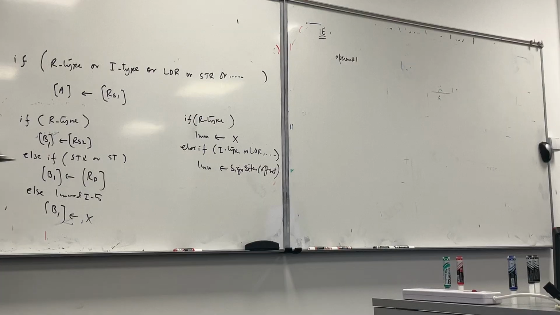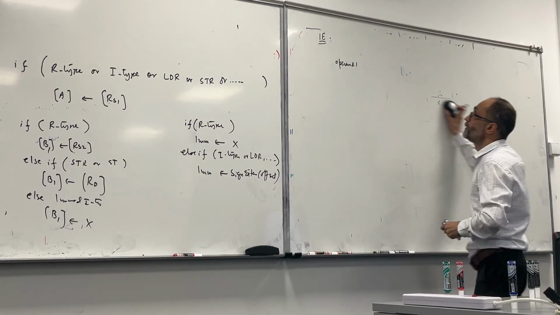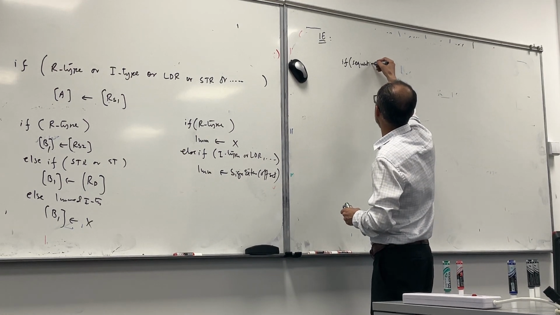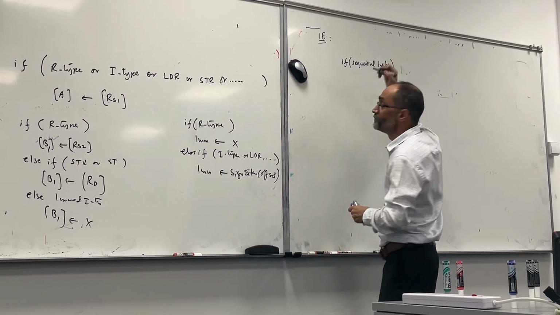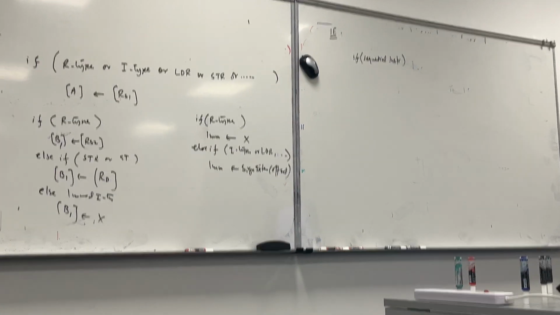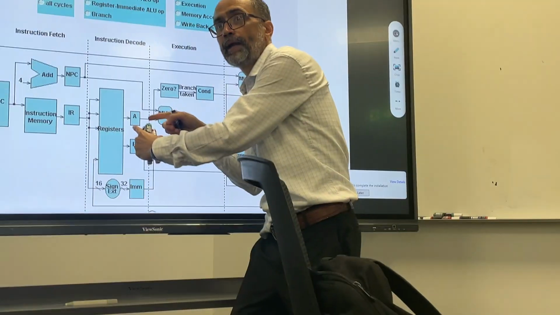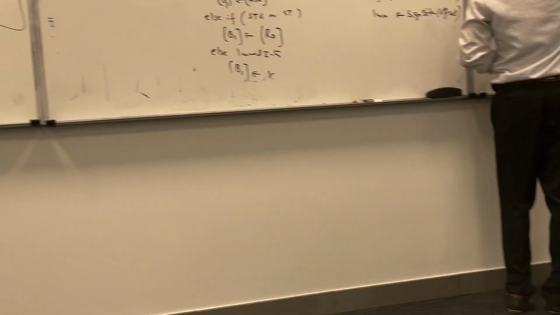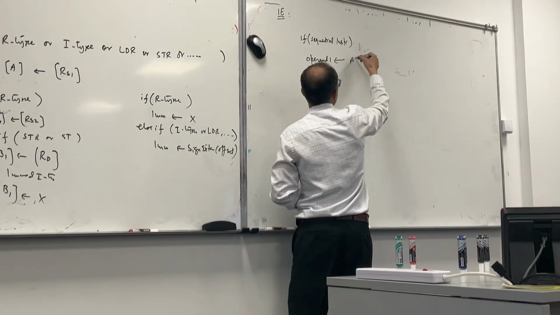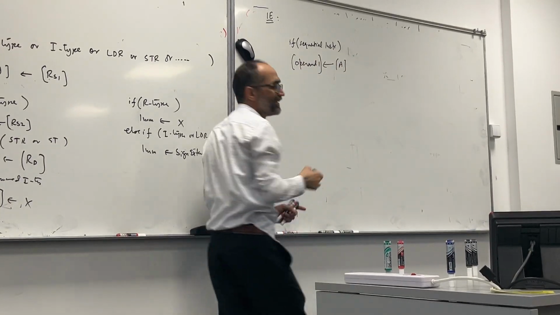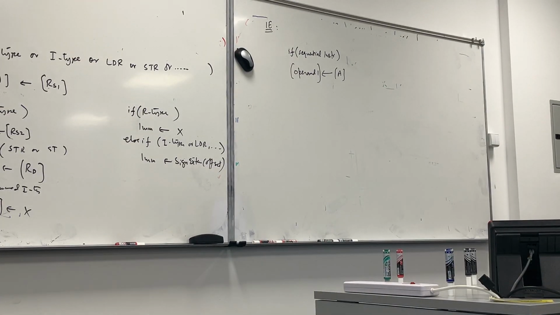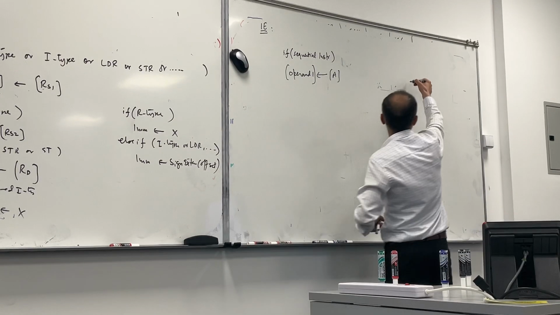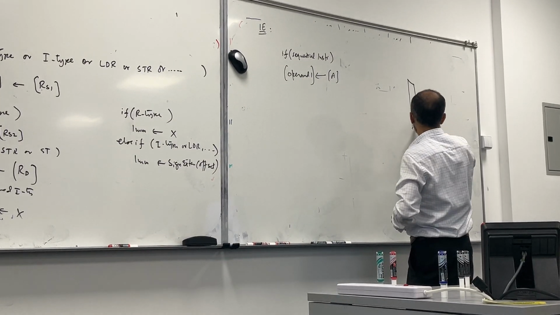So if there is a sequential instruction, operand 1 will be A, the same thing as the content of A. And if it's a branch instruction, please remember, we have a multiplexer here.